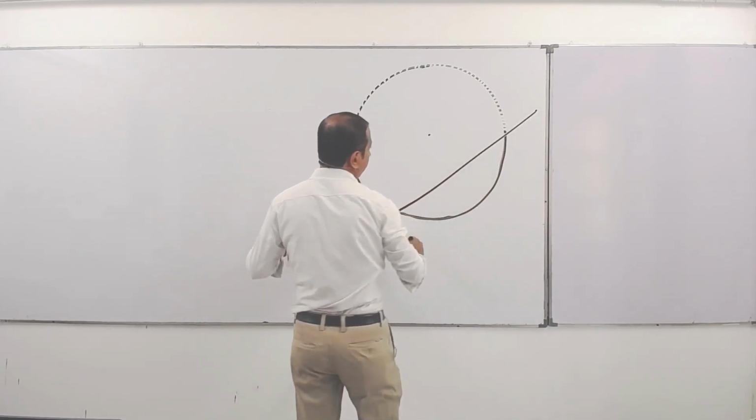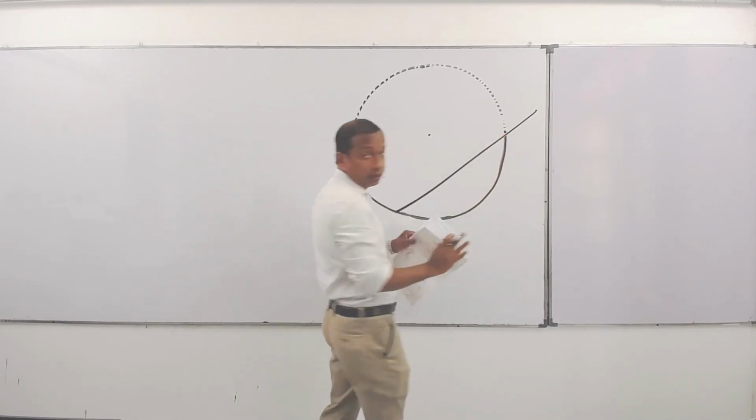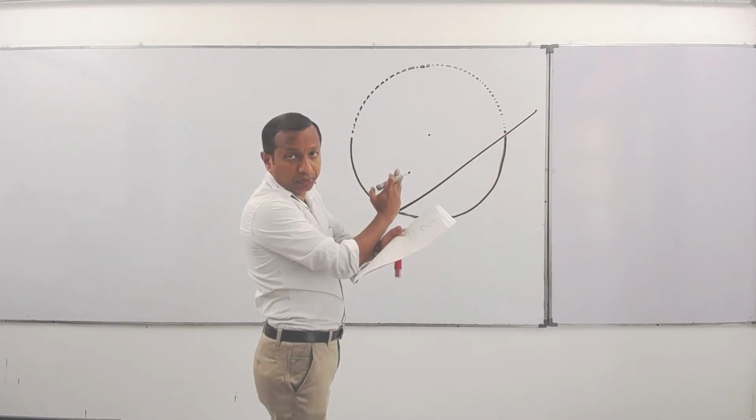Then here the reaction coming to the rod by the ball is perpendicular to the rod.